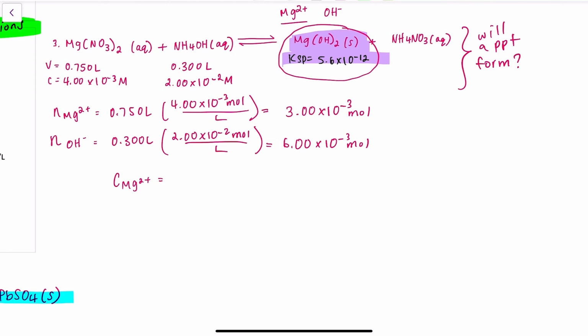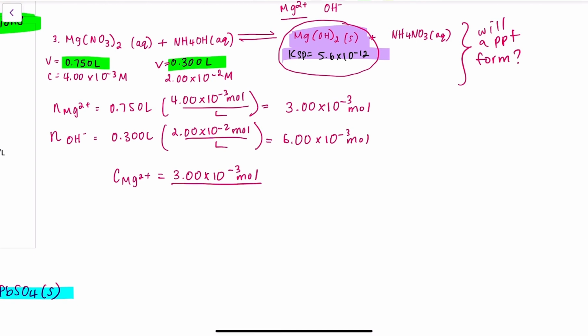So for magnesium, I have 3.00 times 10 to the negative 3 moles of magnesium, and my new volume is going to be the sum of the volumes of my reactants. So 0.750 liters plus 0.300 liters is 1.05 liters, and that is 2.857 times 10 to the negative 3 moles per liter.